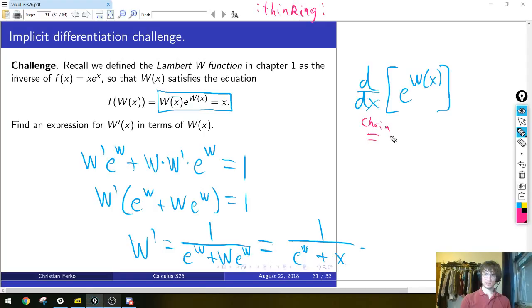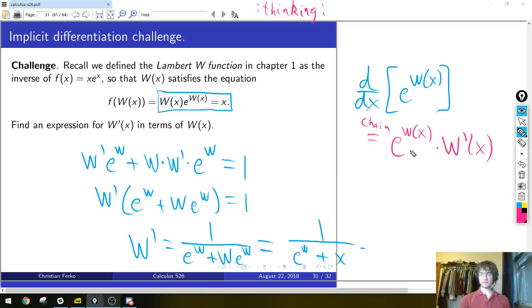Good. So chain rule. Our outer function is e to the power of x, and inner function is w of x, so we have that the derivative of e to the x is e to the x, so we have e to the power of w of x times the derivative of w of x, which is w prime of x.